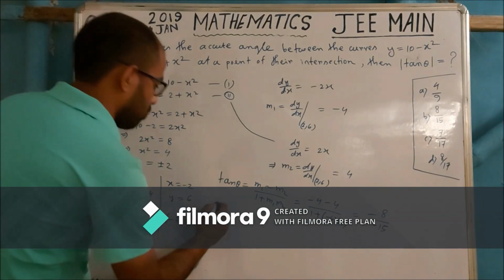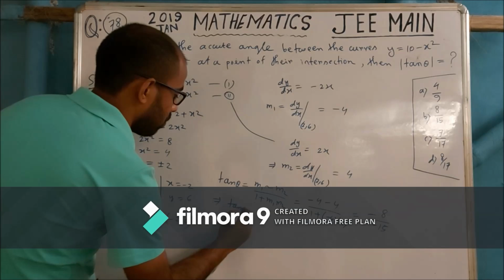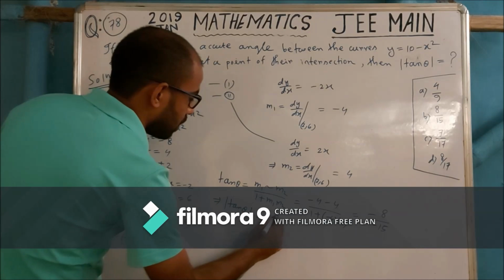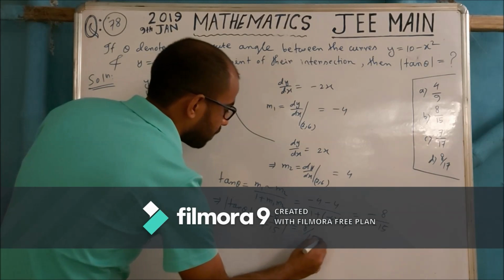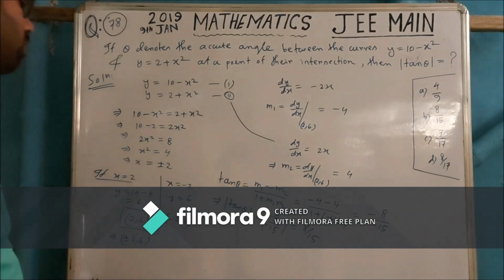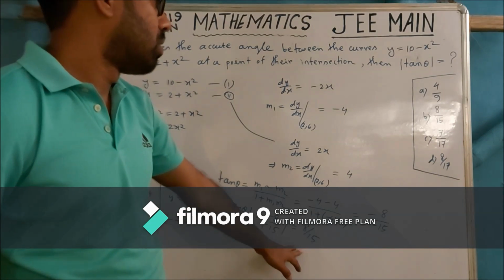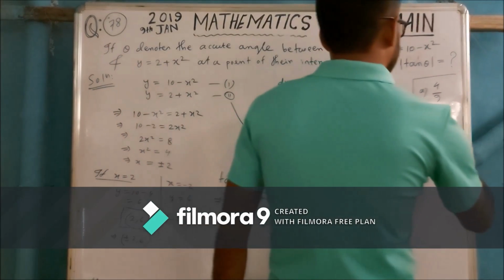We choose the mod value. This is equal to 8 by 15. So we get the value of tan theta equal to this. So B is the right answer.